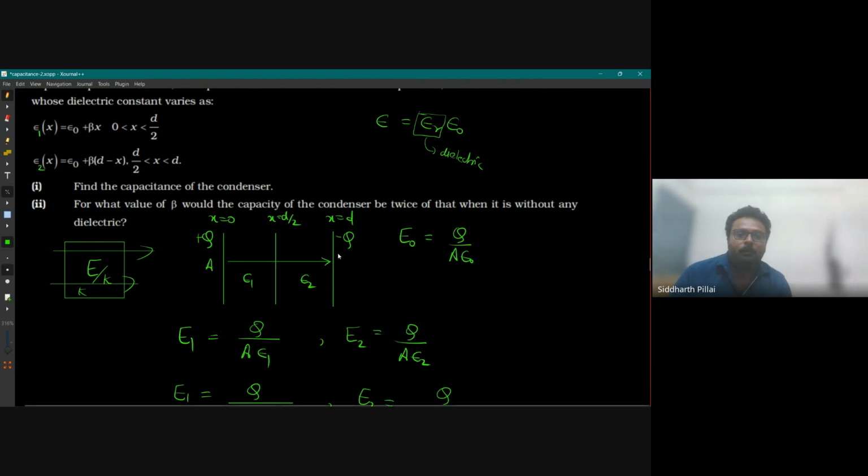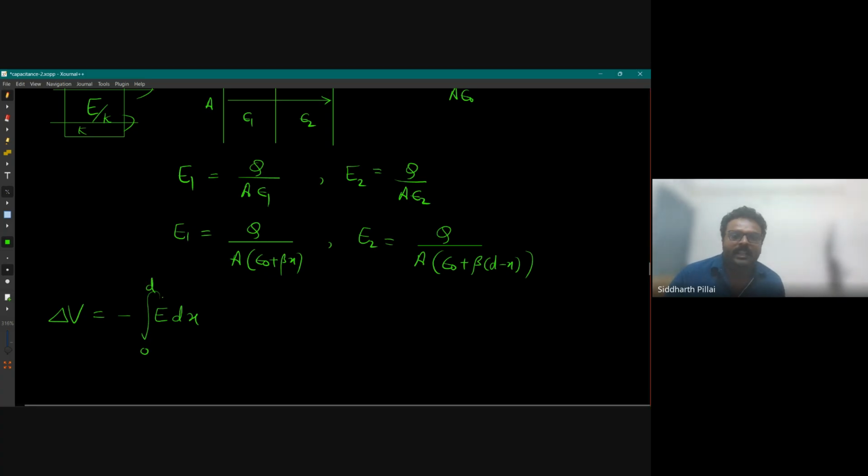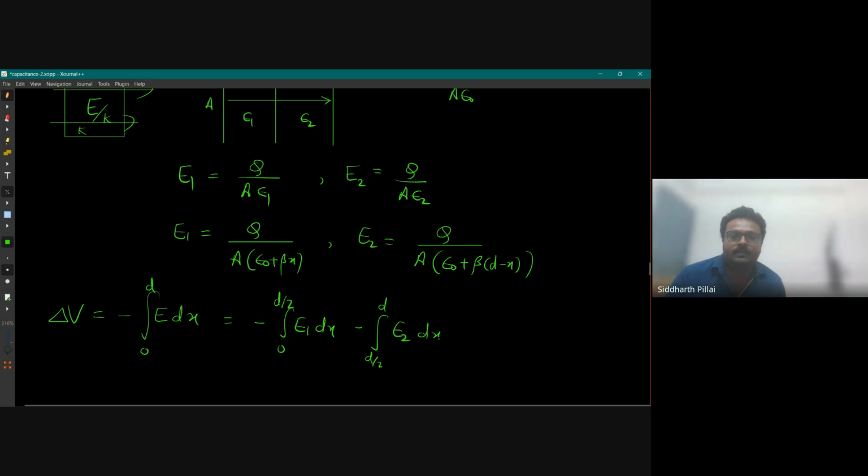How do I write the total potential difference? Delta V, I can write as minus integral of E dx. Everything is in the same dimension, so we don't need to worry about the dot product. Let's write it from 0 to D. I can break it into two integrals: minus integral 0 to D by 2 of E1 dx, minus integral D by 2 to D of E2 dx.